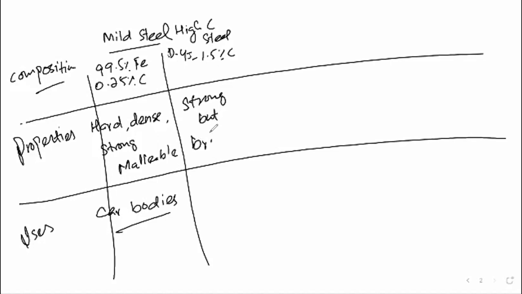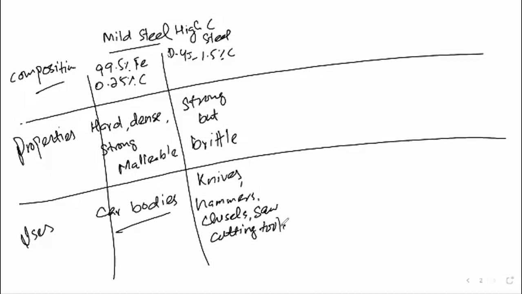When force is applied, it breaks down and cannot be converted into sheets. That's why it is used for making knives, hammers, chisels, saws, and cutting tools, etc.